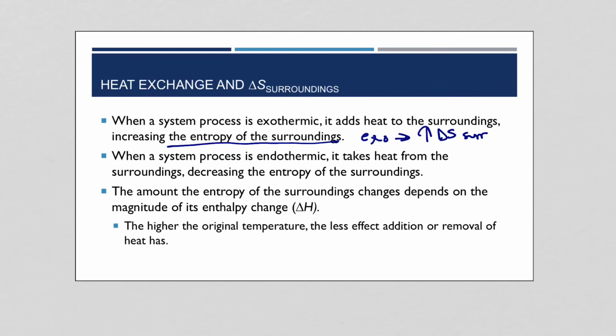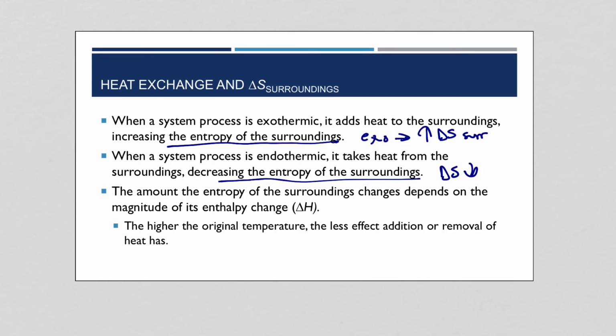But an endothermic process does the opposite. It takes heat away from the surroundings, which decreases the entropy of the surroundings. And the amount of this delta S going up or down depends on the magnitude of the enthalpy change. So the more heat that is released into the surroundings, the bigger the change in entropy.